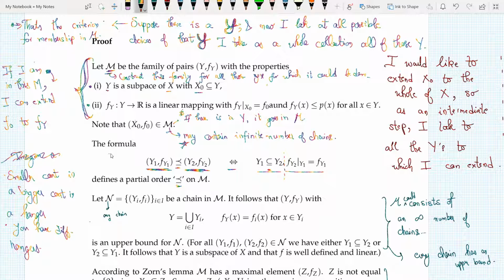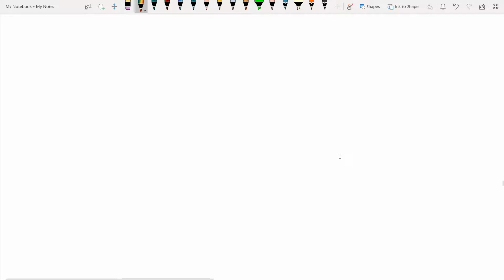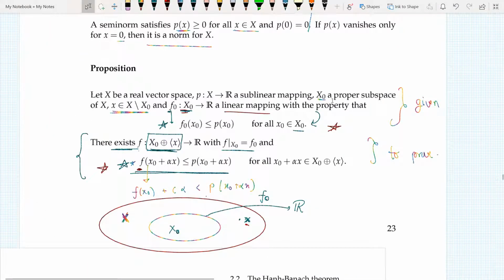So as we saw in the last proof that we did in the road to Hahn-Banach, X was a real vector space, there was a sublinear mapping, and X naught was a proper subspace. And then we extended it just by one x, the span of this x, in the last proof.